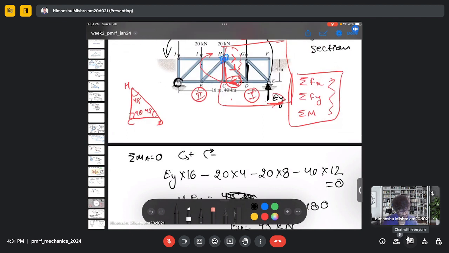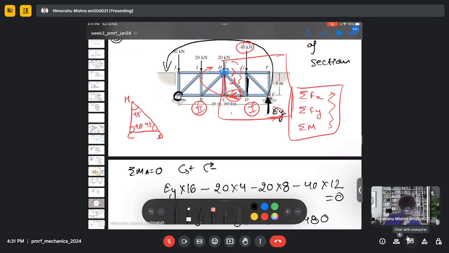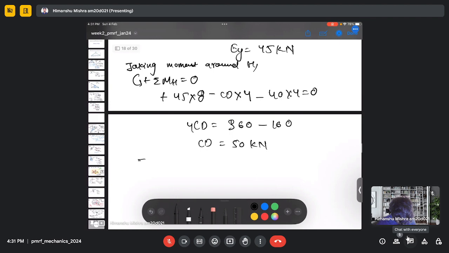Now I can take a moment at, or I can do the summation of force in the y direction.